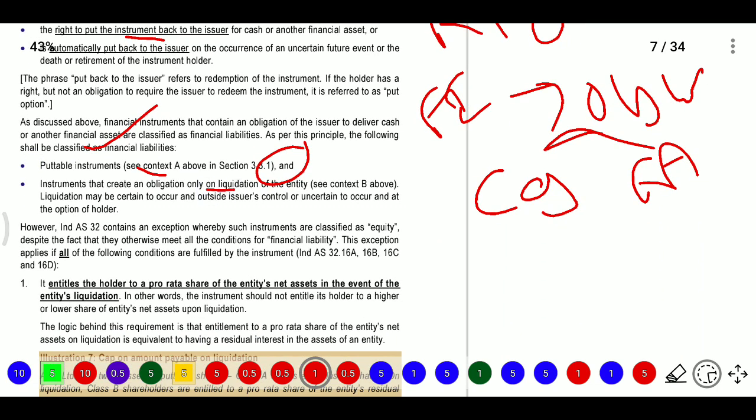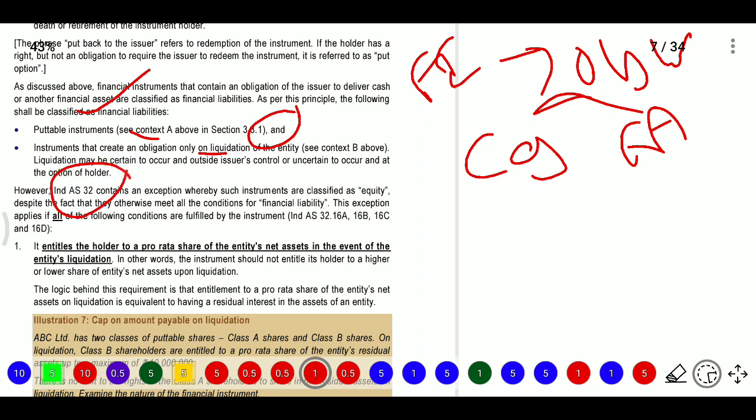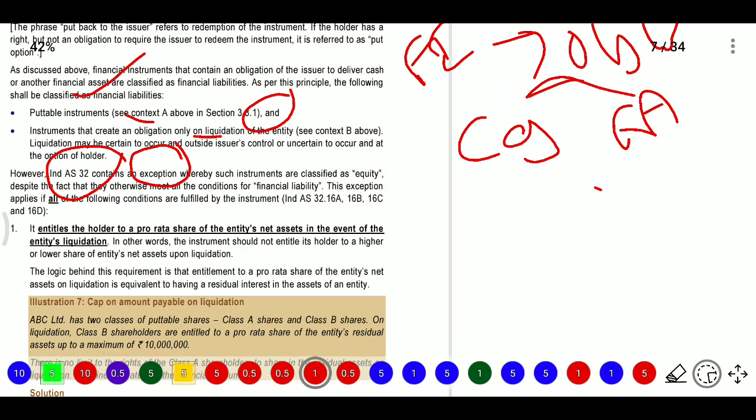Liquidation may be certain to occur and outside issuer control, or uncertain to occur at the option of the holder. At the option of the holder it will become a financial liability. However, Ind AS 32 contains some exceptions also, whereby such instruments are classified as equity although they otherwise meet the conditions of a financial liability.